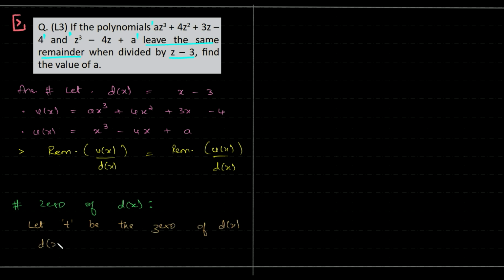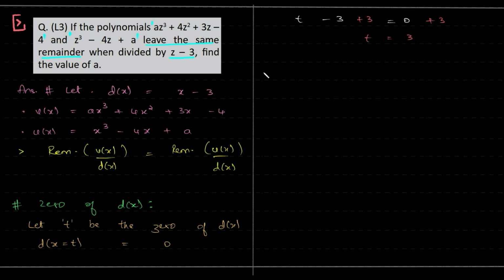So when I equate x is equal to t, I'll get an output of 0. So now you have t minus 3 is equal to 0, and we add 3 on both sides. So t is equal to 3. So this value, when I substitute, I'll get an output of 0. That makes sense.